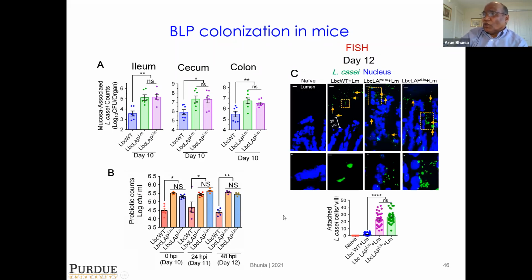We also looked by in situ hybridization for Lactobacillus count. You can clearly see the bioengineered Lactobacillus bound on the surface of the epithelial villi structure, on the epithelial cells. And you can see they are also passing through the mucus and sitting on the epithelial cells.